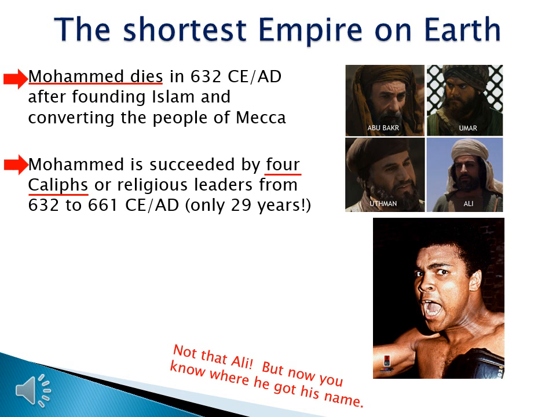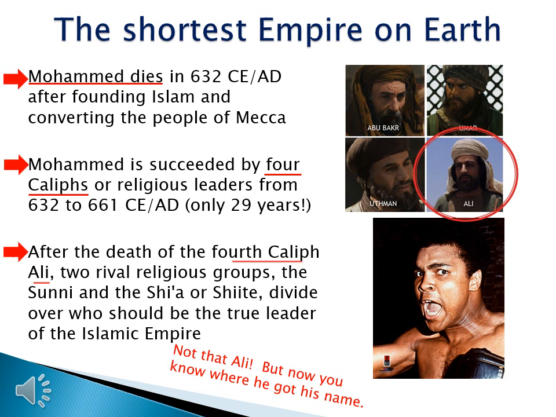Not that Ali, but now you know where he got his name. Instead, after the death of the fourth caliph, Ali, two rival religious groups, the Sunni and the Shia or Shiite, divide over who should be the true leader of the Islamic Empire. We're going to have a power struggle over who leads Islam. This power struggle continues today. Go to the next slide.